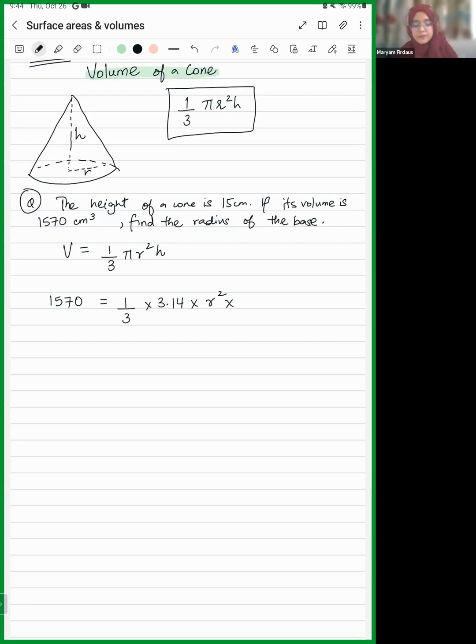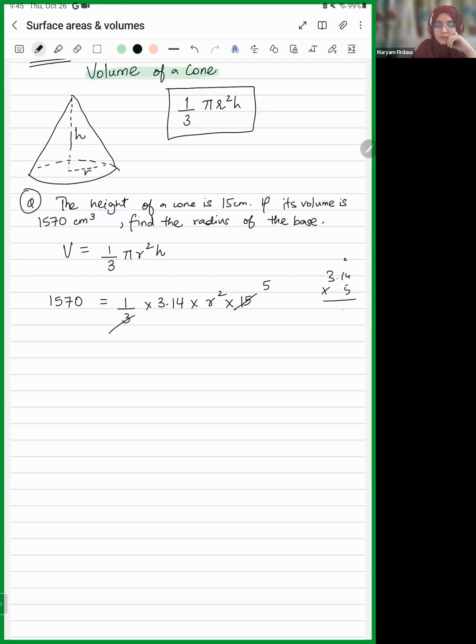Ma'am, we have been given the height as well, so 15. So we have to write 15. Yeah, so 3 ones are and 5s are. So 5 into 3.14. We're supposed to say 3.14. Okay. So 3.14 into 5. What is that?